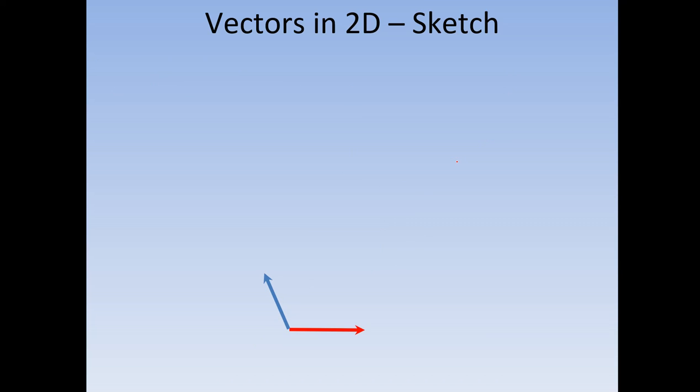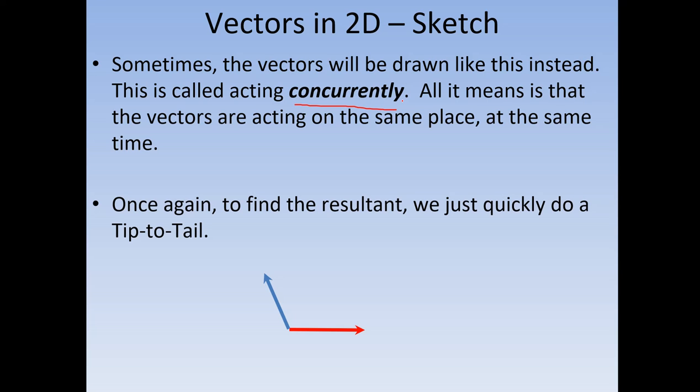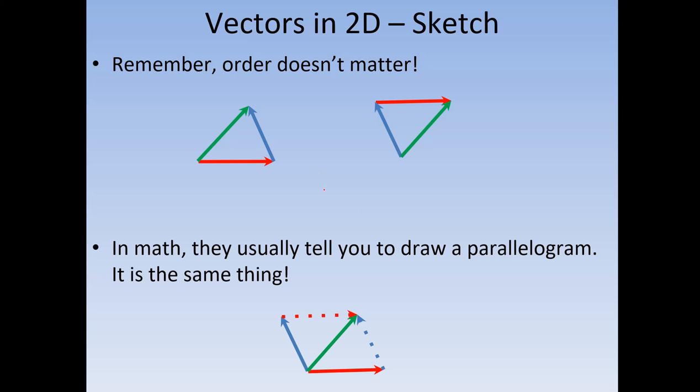There are other ways of doing this. So, for example, here's that word concurrently again. Again, it just means acting on the same object, same place, same time. Another thing that you can do, besides doing a quick tip to tail, is you can also create a parallelogram. You can also do a quick parallelogram.